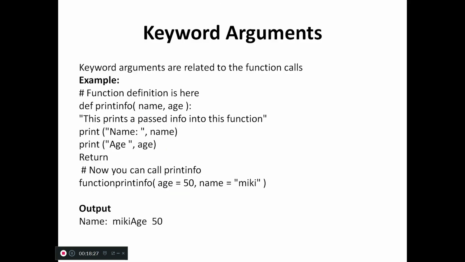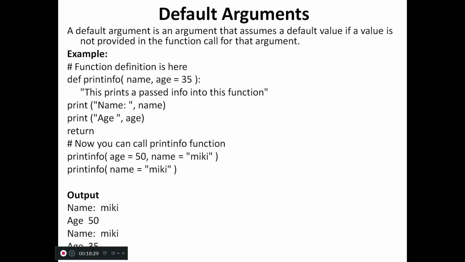Now we'll go to default arguments. What is a default argument? A default argument is an argument that assumes a default value if a value is not provided in the function call for that argument. The example provided gives an idea on default arguments.